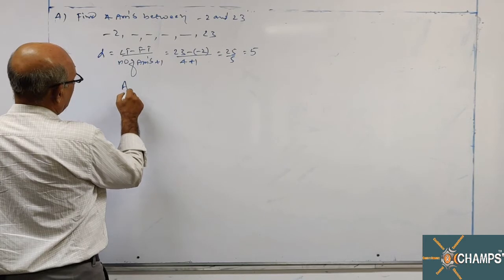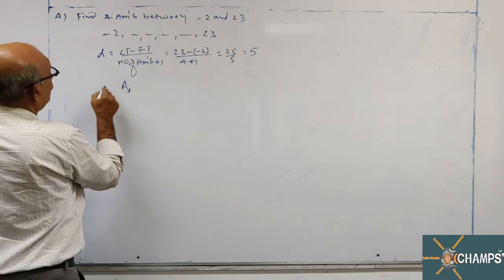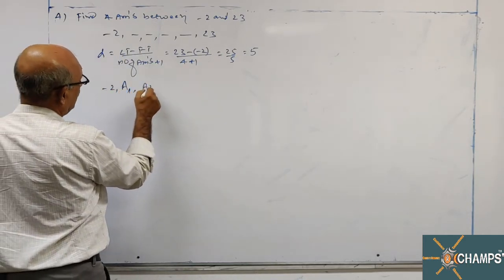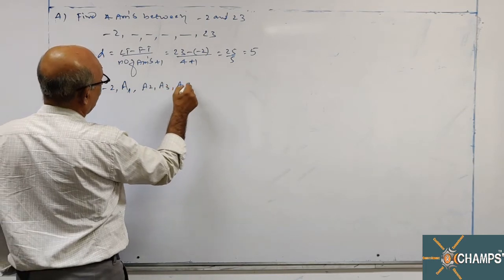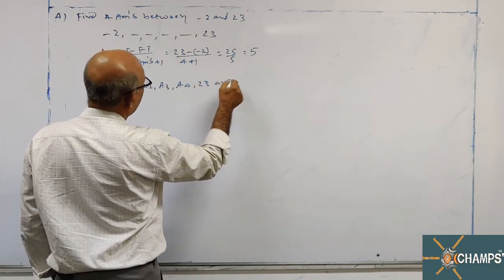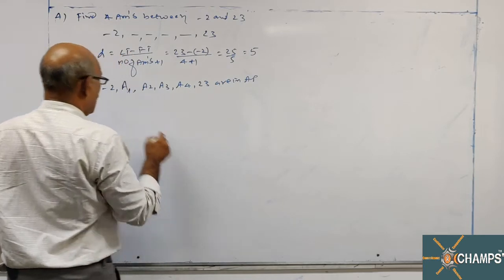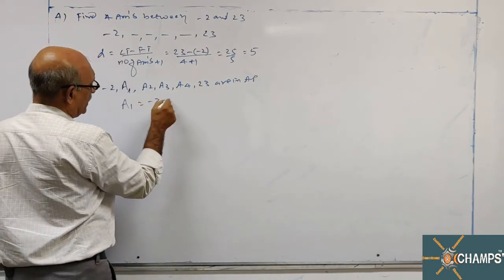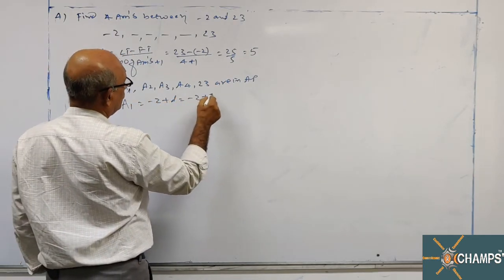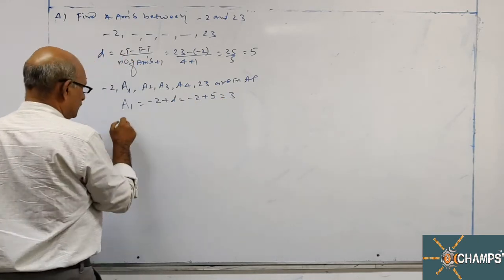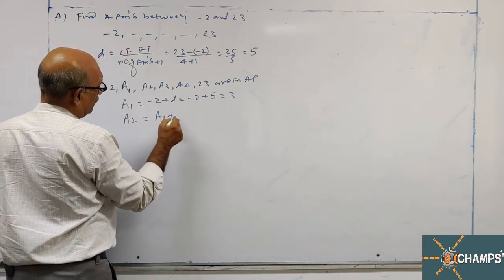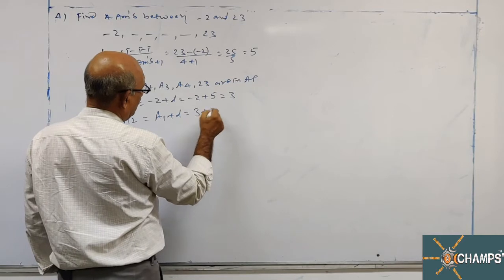Now minus 2, A1, A2, A3, A4, 23 are in AP. A1 is equal to minus 2 plus D. This is 3. A2 is equal to A1 plus D, 3 plus 5, 8.